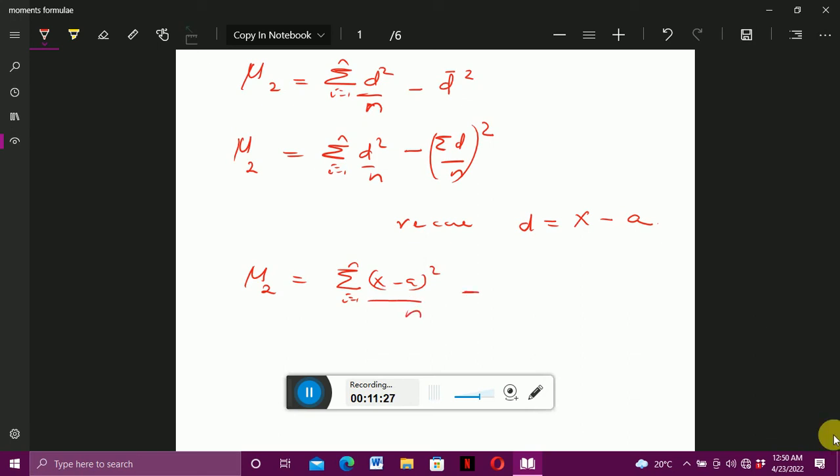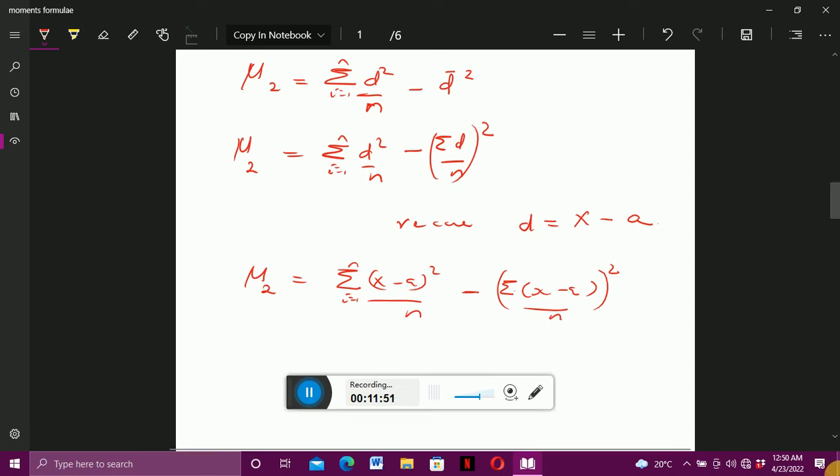minus sum of (x minus a) over n, and all this is squared. So this d we have replaced with x minus a, and everything is squared.